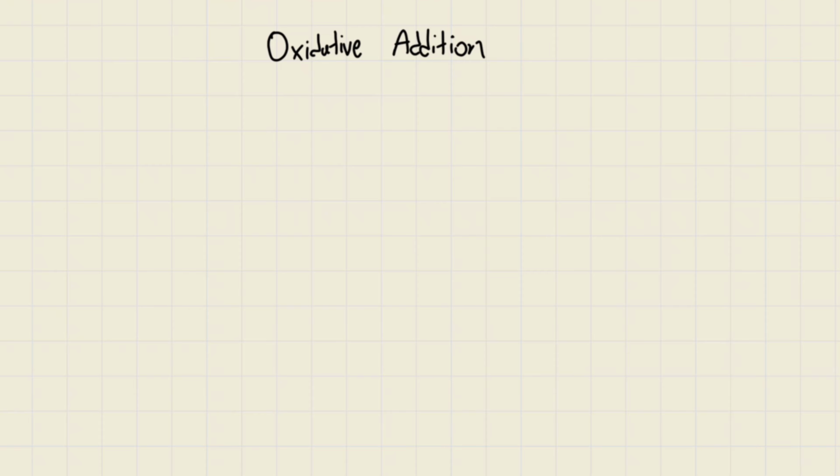In this video, I will talk about ligand substitution reactions, and I will also mainly talk about the oxidative additions. So, what is the reaction? I can try to write it. For instance, this is a ligand substitution reaction.